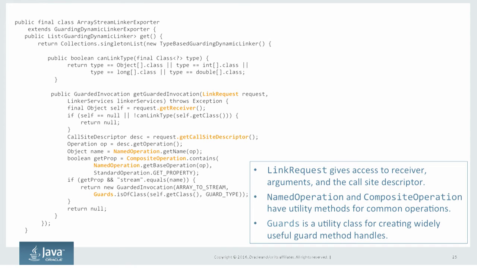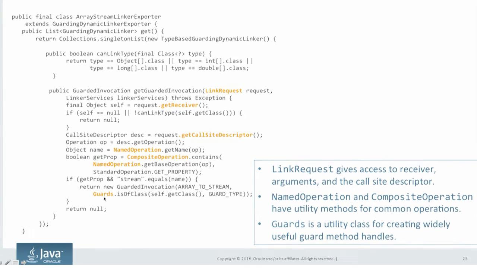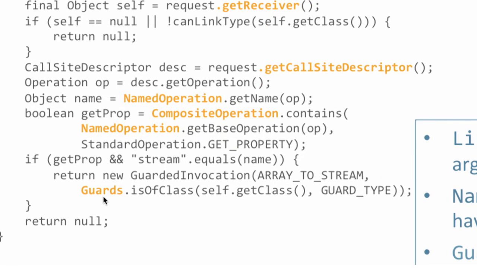Finally, we have this guards class that can be used to generate various convenience guards that are commonly used. So in this case, isOfClass, which checks if the argument at hand is an instance of some given class.